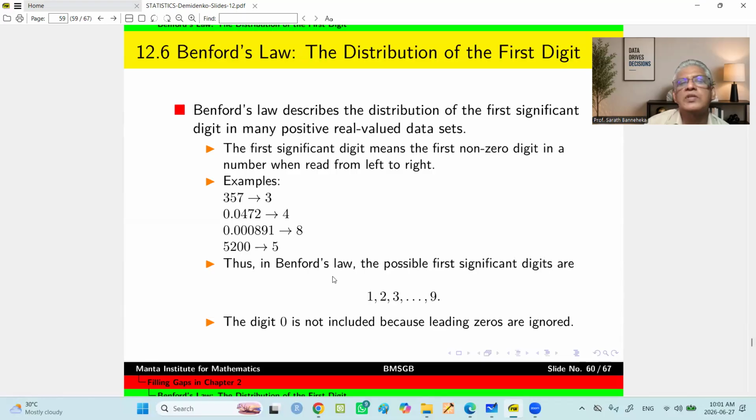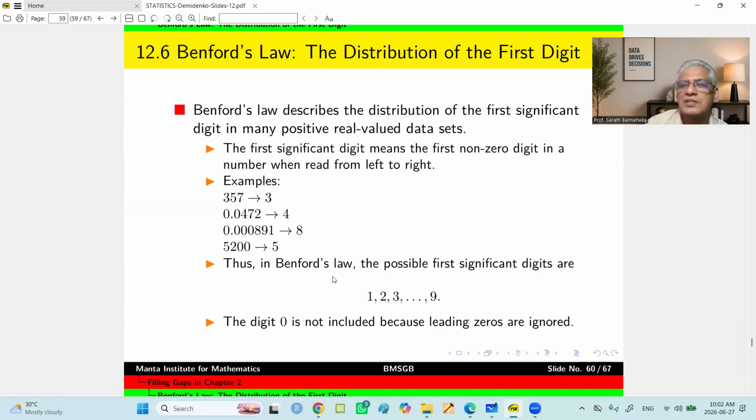The distribution of the first digit, for example, in a data set for a certain random variable whose values are non-negative, right? So this particular question is about the first significant digit of the numbers appearing as observations, right?